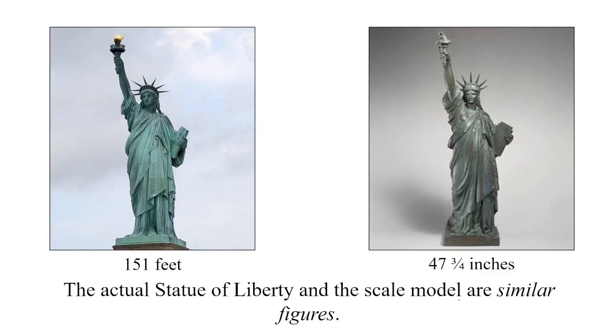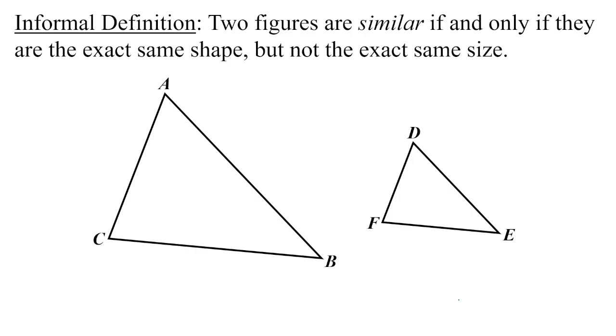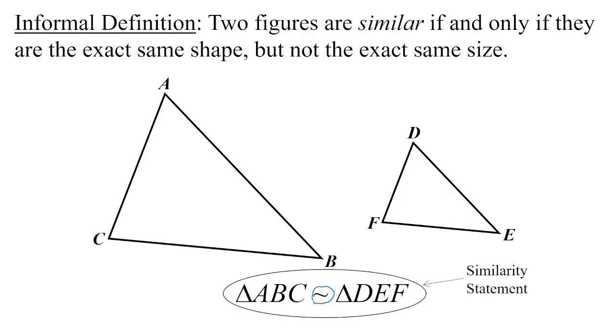So when we talk about similar figures, they are the exact same shape, but not the exact same size. So in the case of these two triangles, triangle ABC is similar, and that's what this symbol means right here, similar to triangle DEF, and this is called a similarity statement.